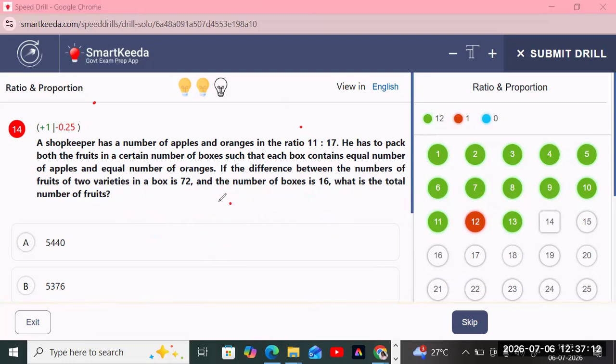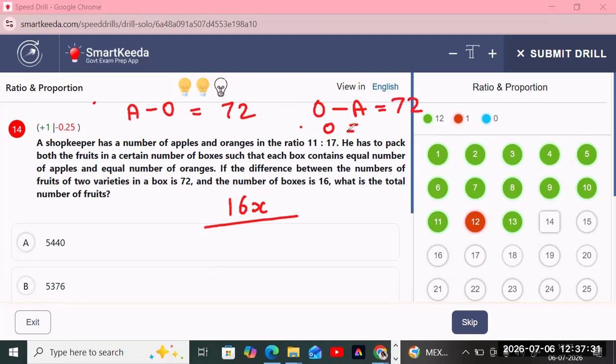Number of apples in each box is x. So 16 boxes means 16x apples. And number of oranges, see, oranges minus apples is equal to 72, so 72 plus x.